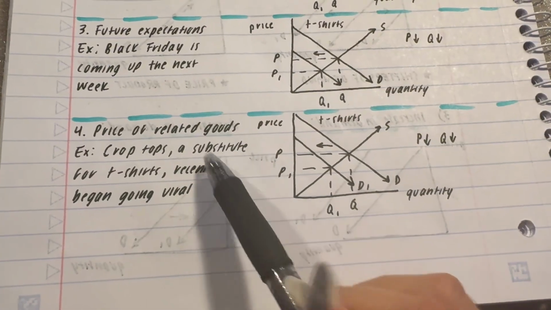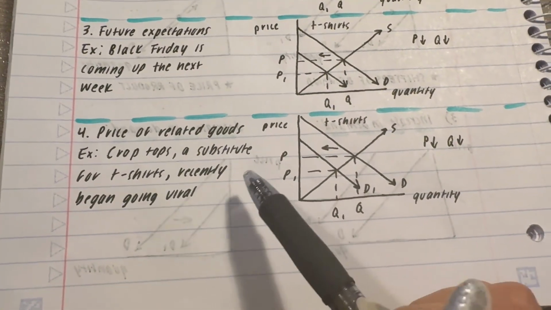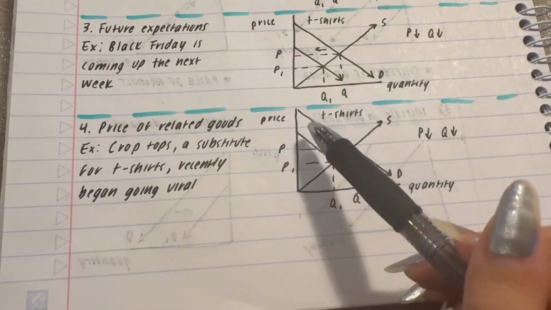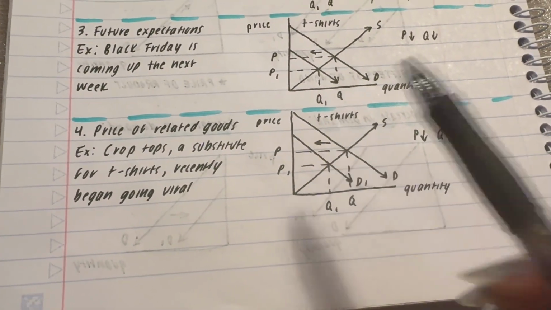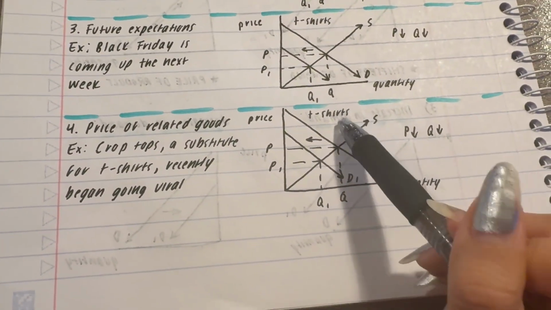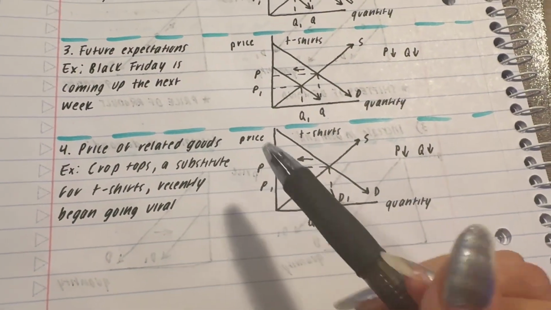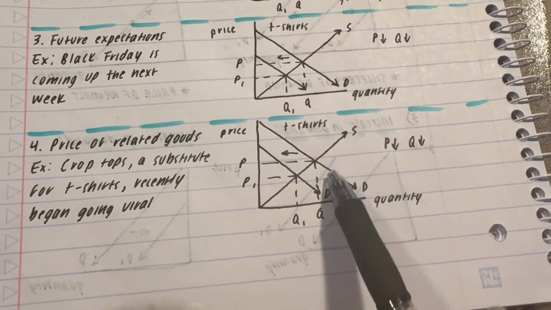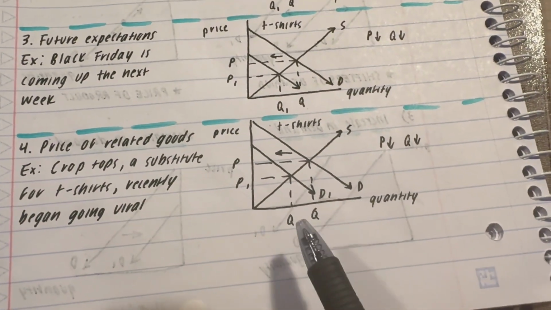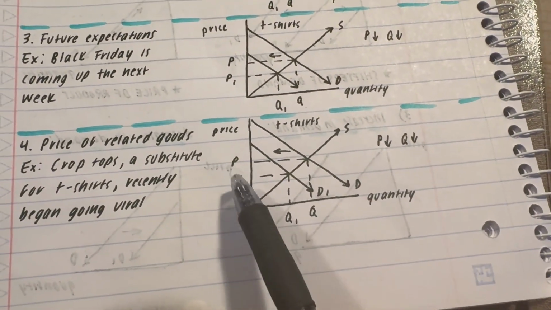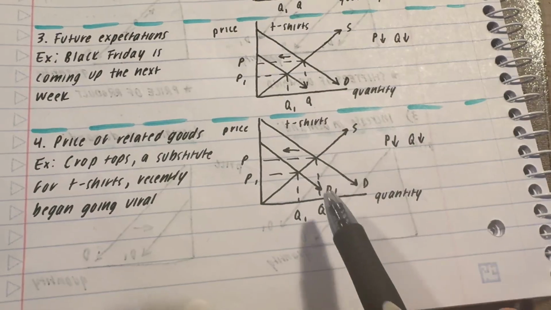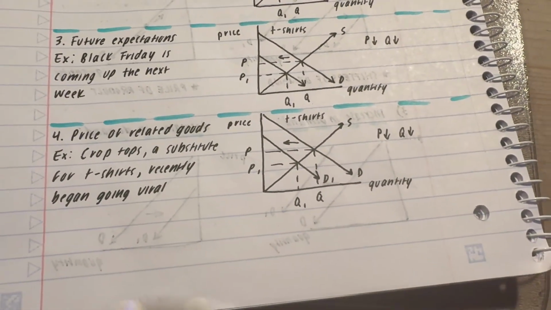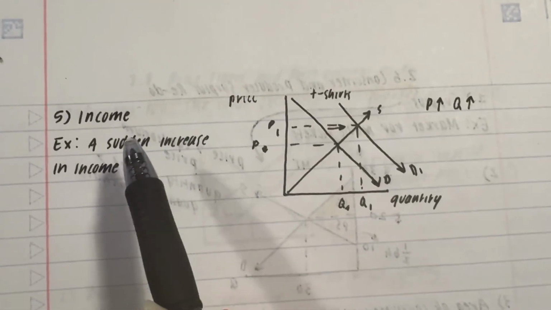Since this substitute is crop tops and the demand is likely going to increase for crop tops, people are going to stop buying t-shirts, or the demand is going to go down for t-shirts because people are obviously investing more into crop tops. So the demand line is going to shift to the left, and there is going to be a decrease in price, as you can see, as it's going down, and a decrease in quantity because it's going left.